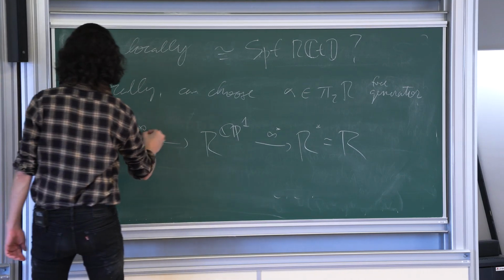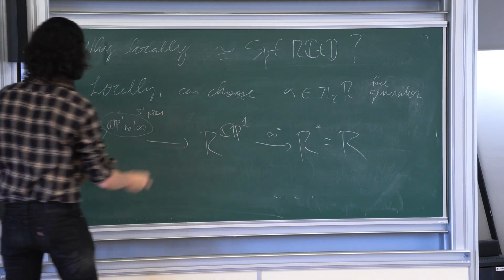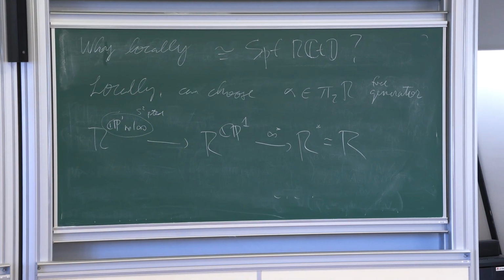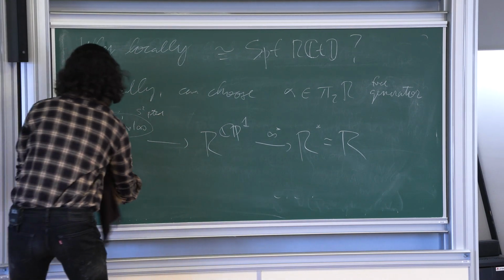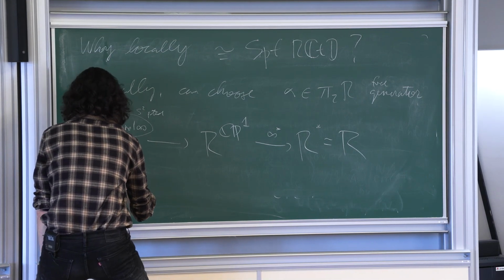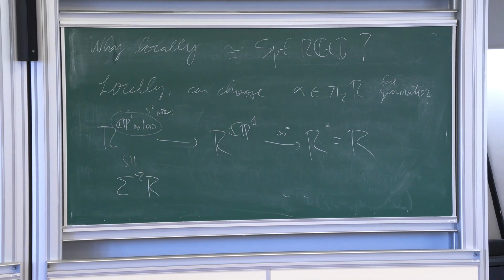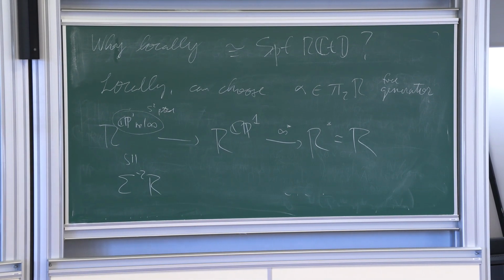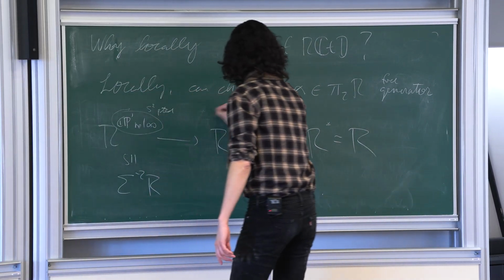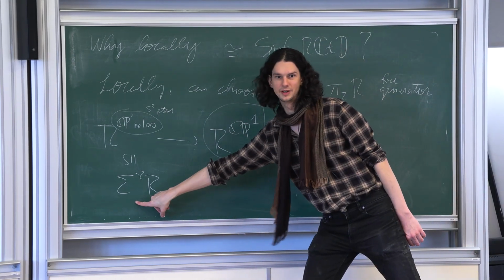But this is pointed S2, so we're looking at Homs from pointed S2 to R, so that's just a shift of R. So that is sigma minus 2 of R. So whatever this thing is, it sits in a cofiber sequence with R and sigma minus 2 of R.